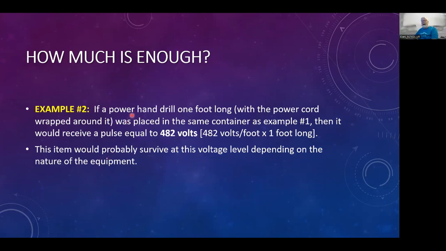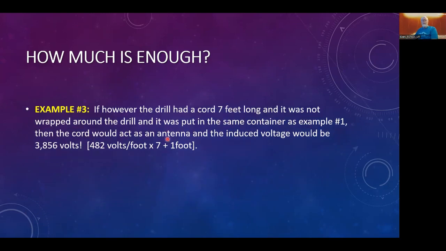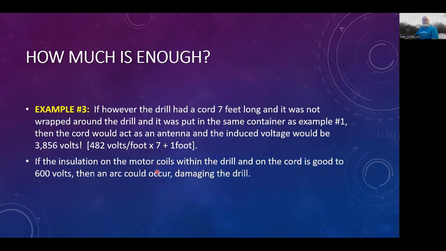So a power hand drill might do that. But if you take that same power drill with a 7-foot cord, and it was not wrapped around the drill, using a 30 decibel attenuation container, the induced voltage would be almost 4,000 volts, and of course it would fry the motor coils.